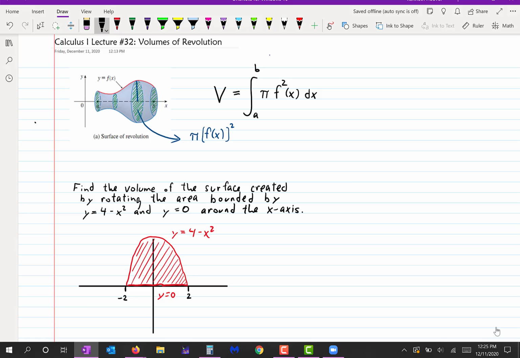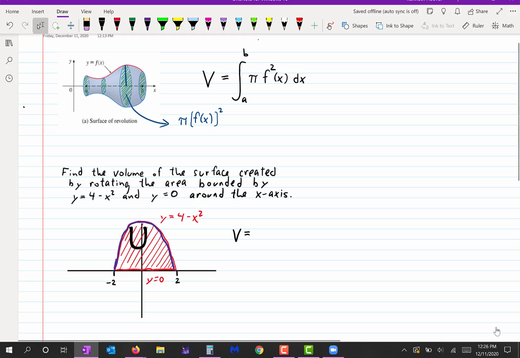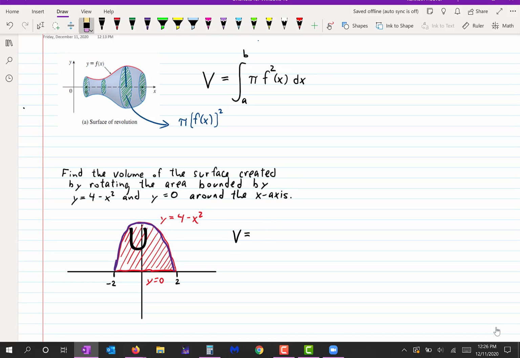So based upon the formula above, the volume would equal the integral of, so what's my f of x in this case? That's the top boundary. So that would be this. So that's the parabola, 4 minus x squared. So I would integrate pi times, hang on, there's a u that showed up in the middle of our picture.